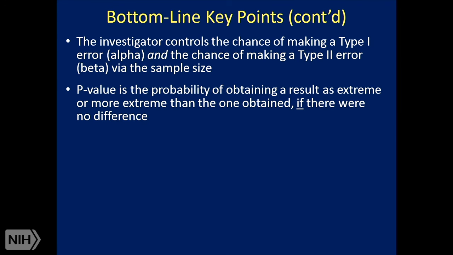P-value is the probability of obtaining a result as extreme or more extreme than the one obtained if there were no difference, if the null hypothesis were true. That's the p-value. Remember, nothing more, nothing less.